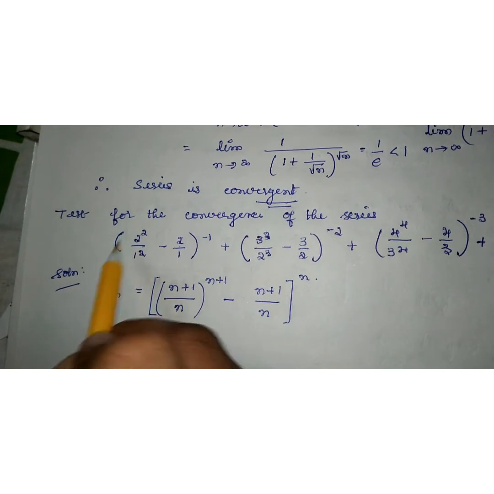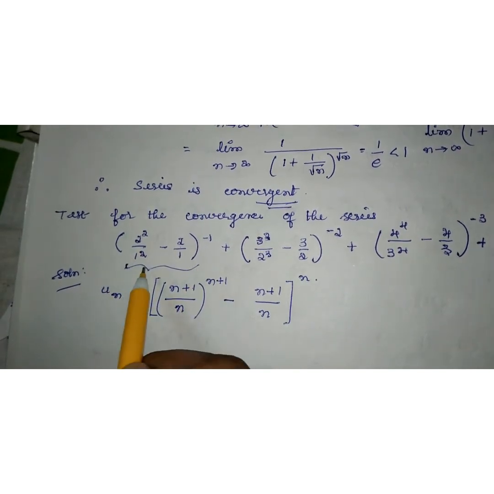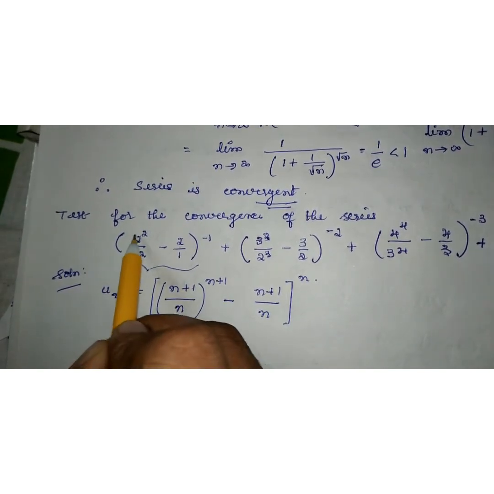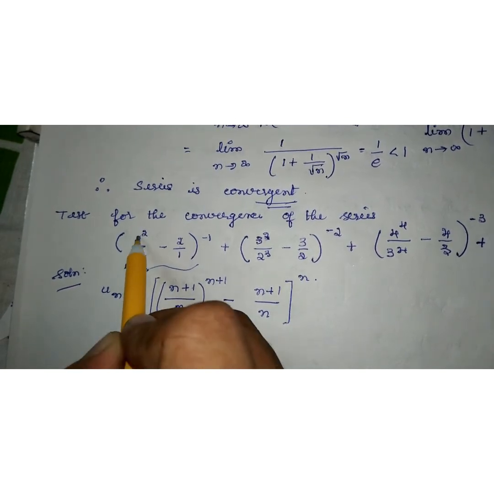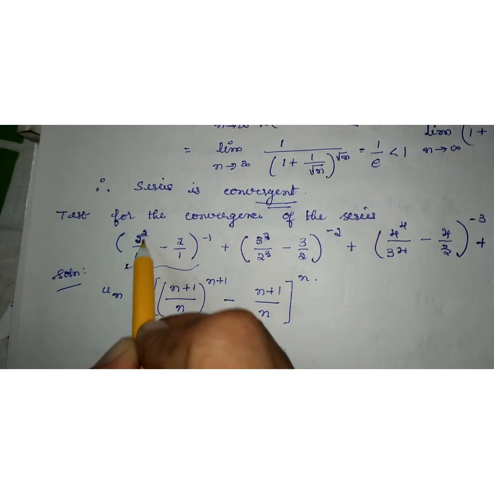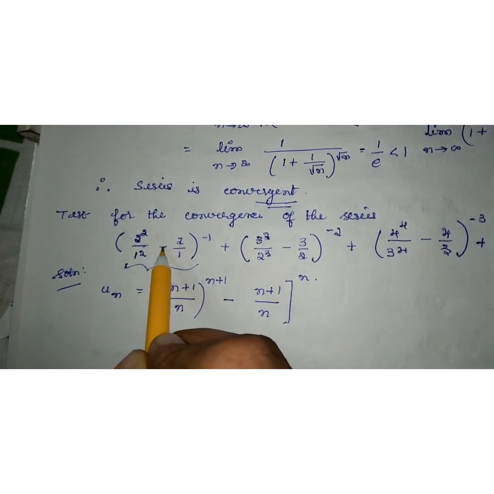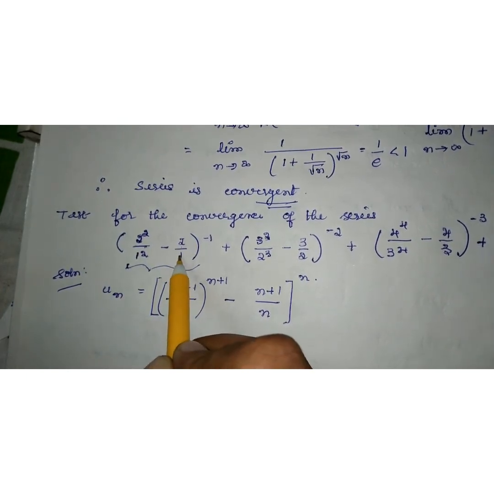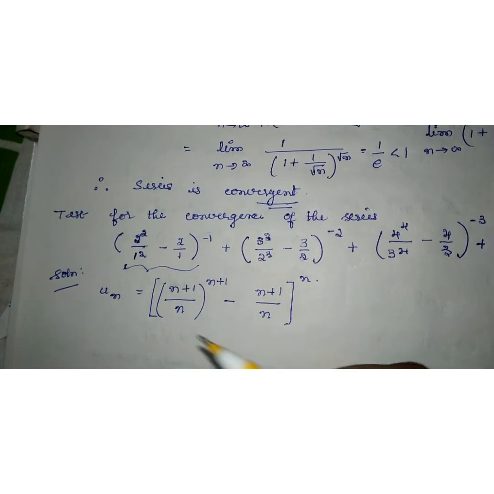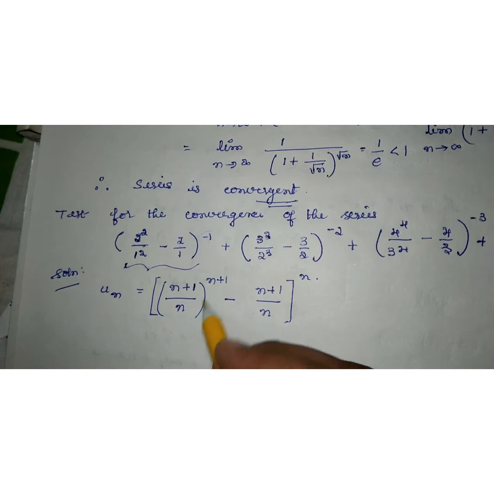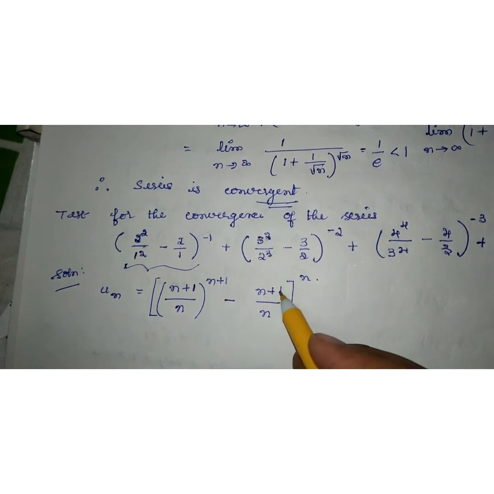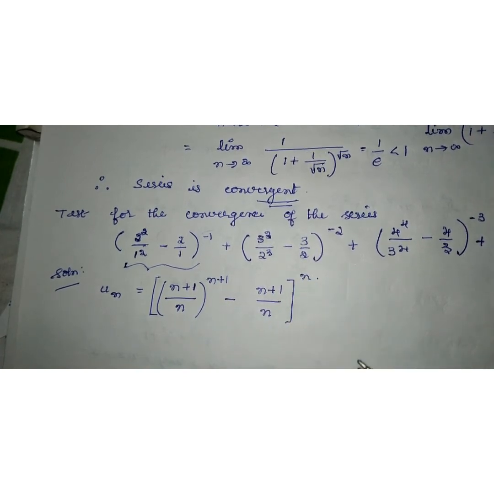So you can make out here, when you observe the first term, the first natural number, everywhere you can see the natural numbers, so second natural number square of that divided by the first natural number minus 2 by 1 to the power minus 1. So here when we talk about the nth term, it is (n plus 1 by n) whole power n plus 1 minus (n plus 1 by n) whole to the power n.